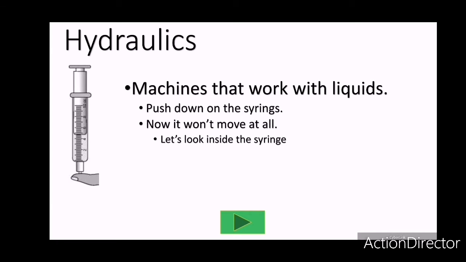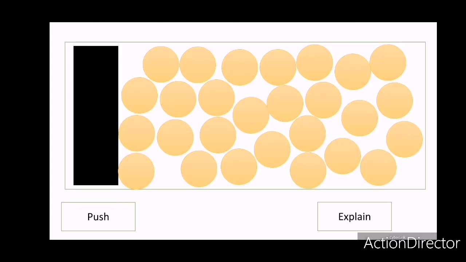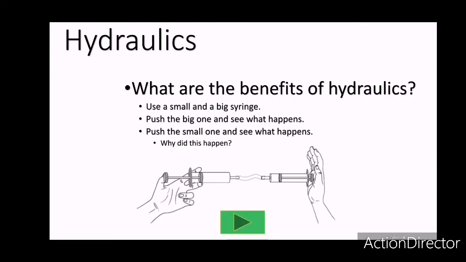Now I want you to take that syringe, put some water in it, and push down on it again and see what happens. Basically what happens is nothing. You can't push the syringe down because there's much less space between water particles. So when you push, they immediately push against each other and you can't push it down.